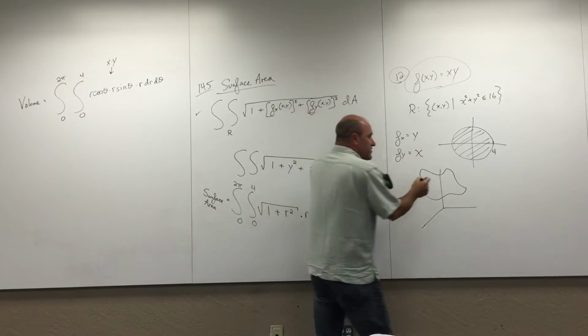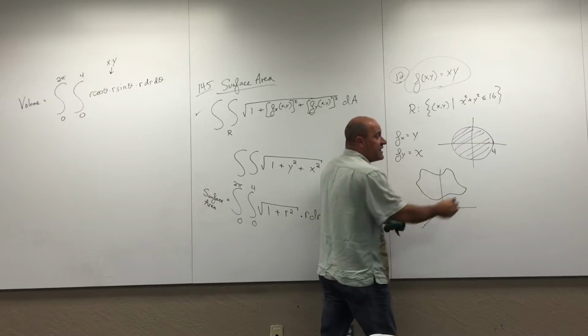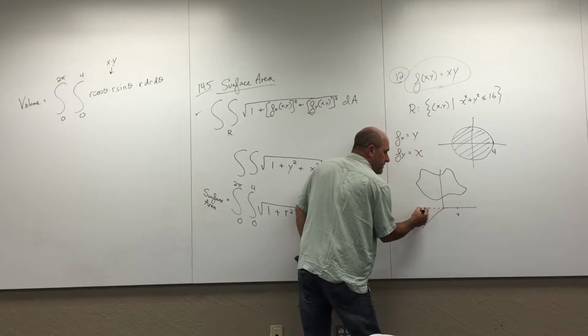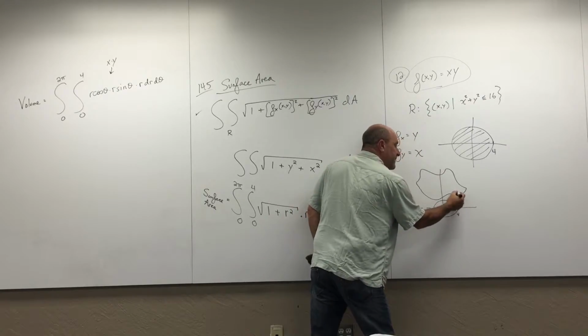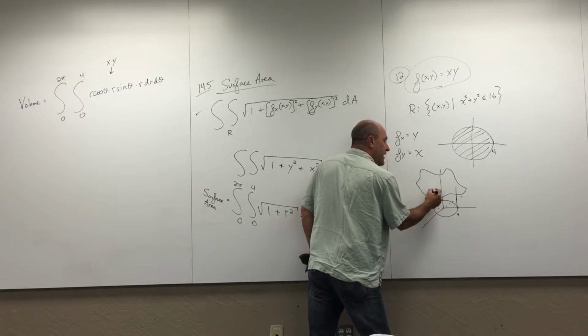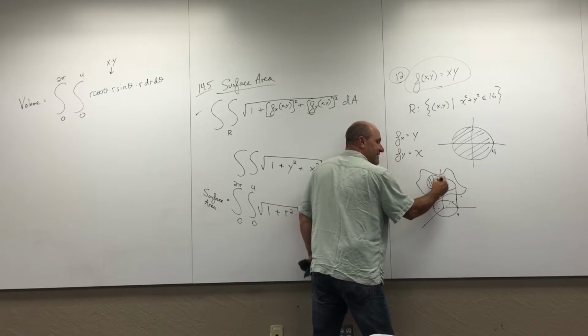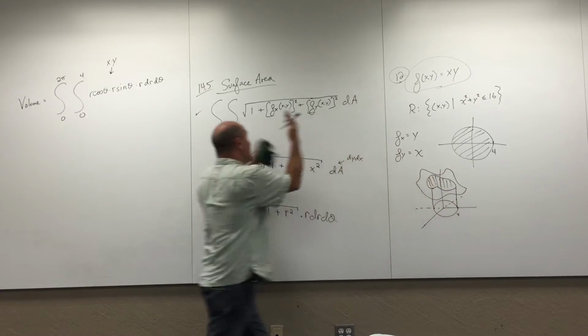No. I'm finding the surface area of it only over the region in the xy plane described like this. So I'm finding the surface area of this thing over that region when I do this problem.